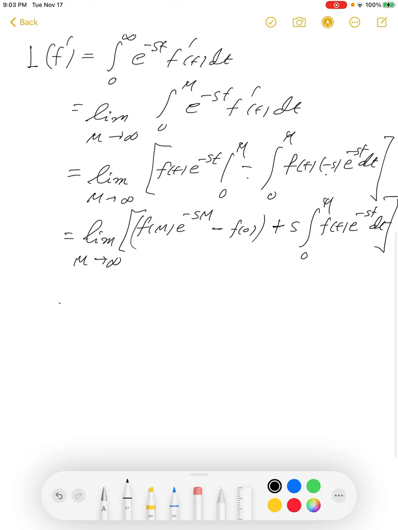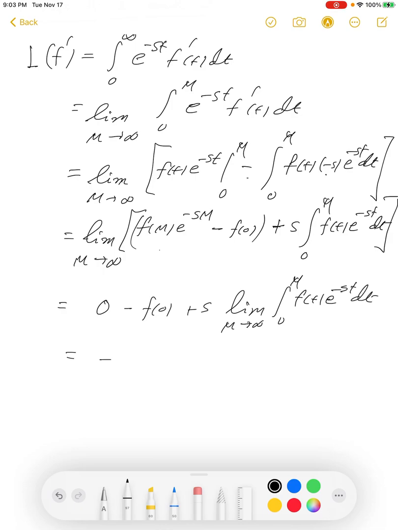But if you look at this, the first limit is 0 because e to the minus sm tends to 0. You get minus f(0) plus s, and then you get exactly what the definition of Laplace transform is for the Laplace transform of f. So this becomes minus f(0) plus s times Lf.